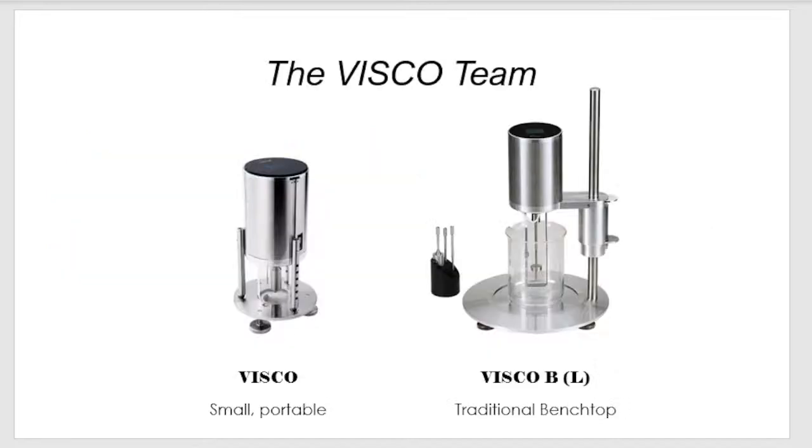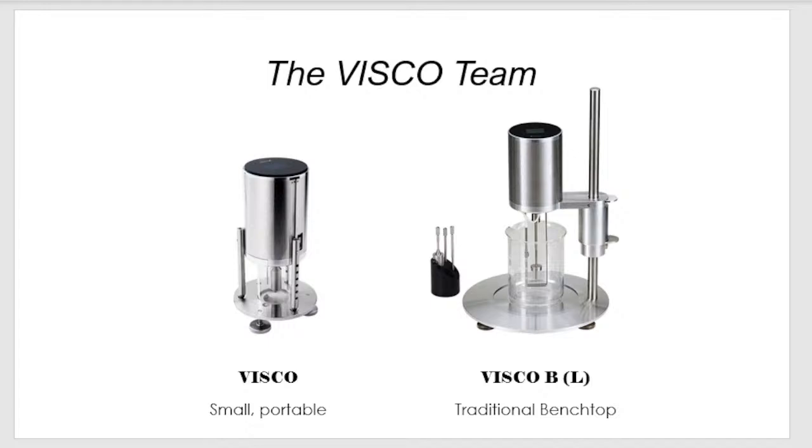Now, Atago has two main types of viscometers. The one to the left is the Visco. This is a small and portable viscometer. The one to the right is the Visco BL. It's a benchtop viscometer, so it's more traditional. By traditional, I mean that it uses 500 milliliters of sample, and also the spindle types are very well known in the market.